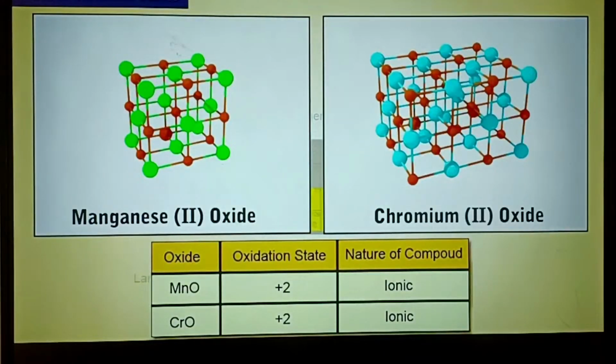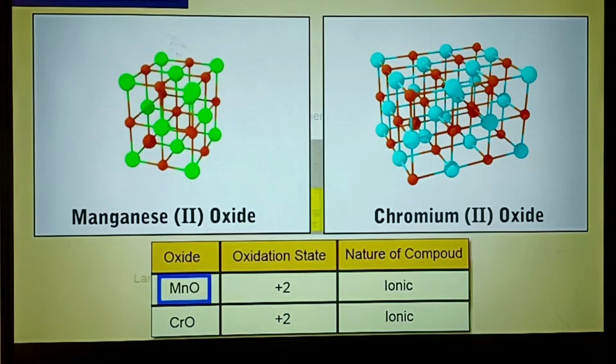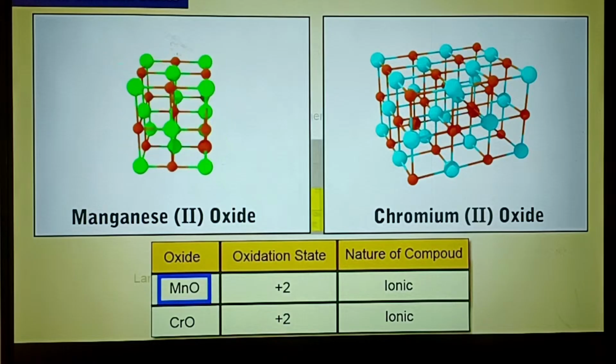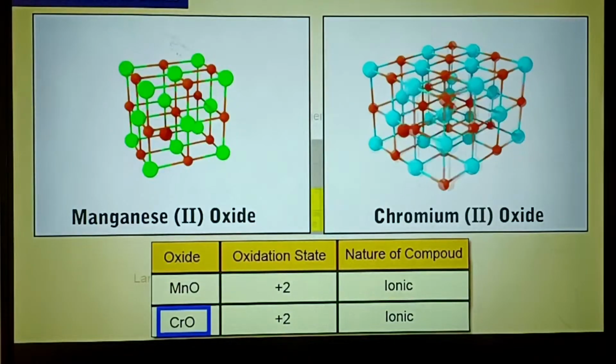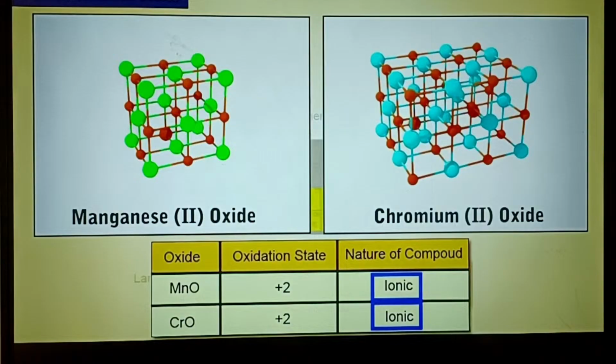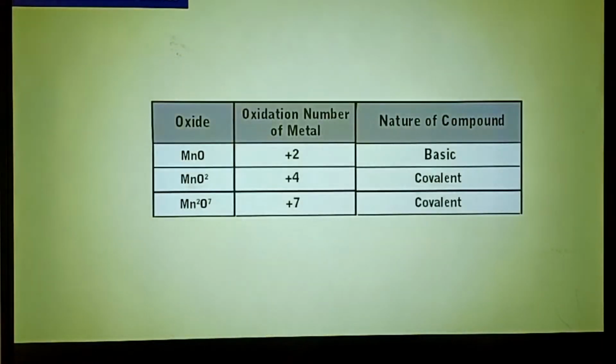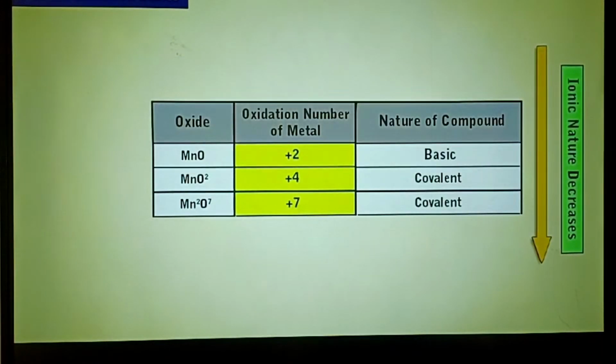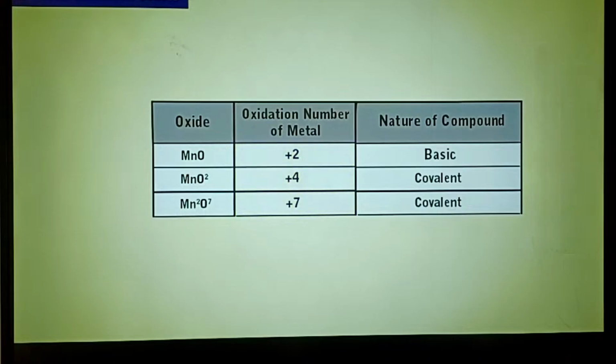In the lower oxidation states, these elements form ionic compounds. For example, manganese(II) oxide and chromium(II) oxide are ionic in nature. The tendency to form ionic compounds decreases with an increase in the oxidation number of the metal.